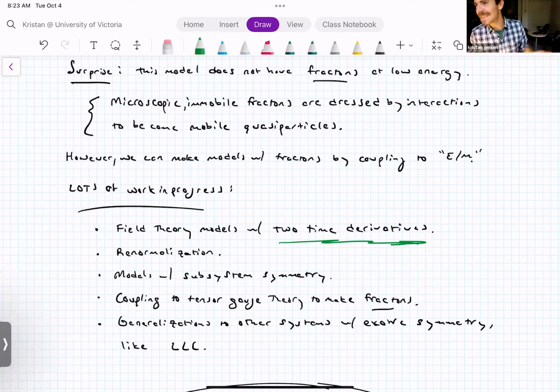Long story short, we understand now what we're doing with the renormalization, and things are organized by energy scale. It's just that the one-time derivative models are much simpler, and you don't have to deal with as much of this. Okay. I hesitate to go further because it gets technical. Okay, yeah.